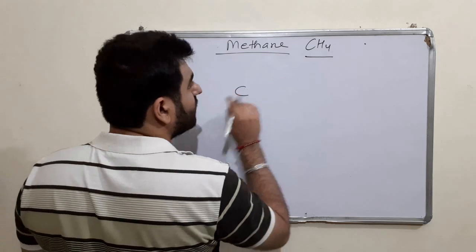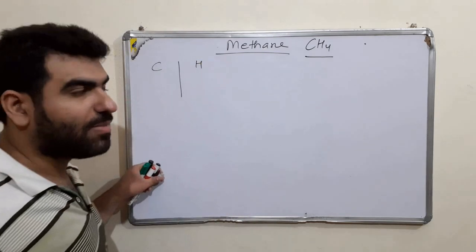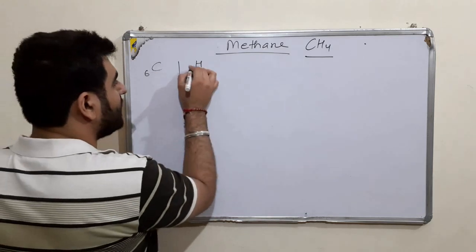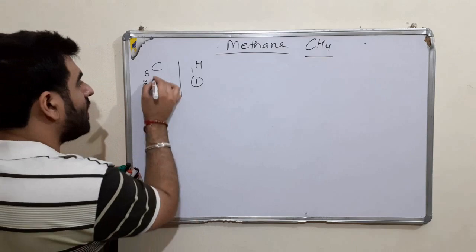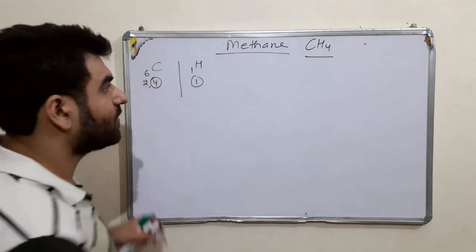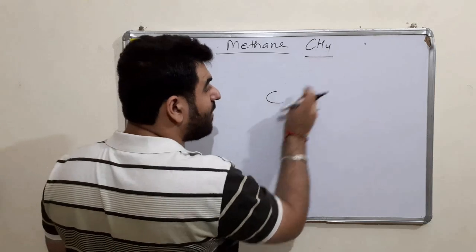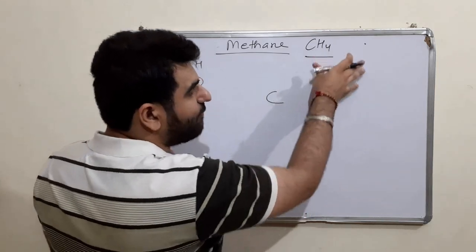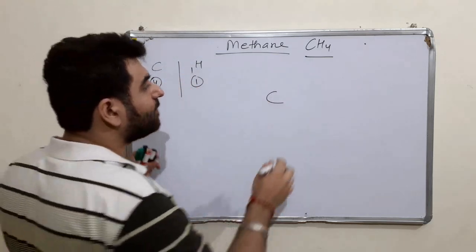Now just write down the electronic configuration of carbon and hydrogen. Carbon is 6, so 2, 4, and hydrogen is 1, so 1 electron only. How many valence electrons does carbon have? 4. So this structure will be formed around carbon because there will be 4 hydrogens present around the 4 corners of carbon.